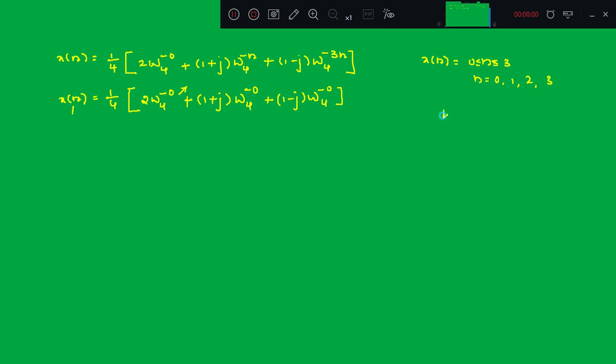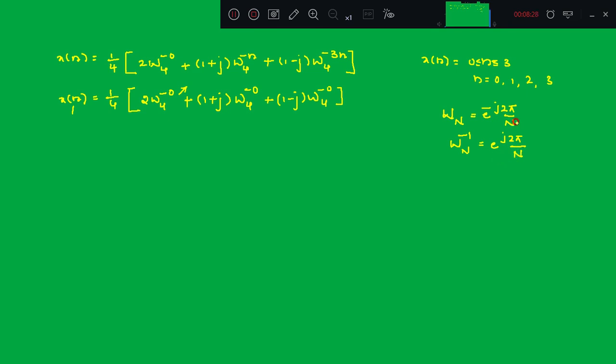And we know that the Twiddle factor or the complex sequence Wn is given by e raised to minus j 2 pi divided by n, and at the same time Wn raised to minus 1 is given by e raised to j 2 pi divided by n.